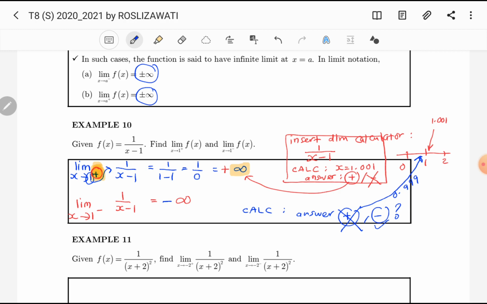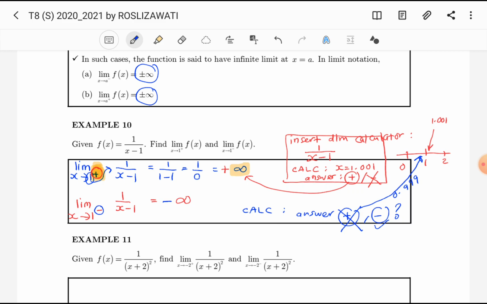Okay. But, jangan buat conclusion. Awak perasan tak? Sini negatif. Jawapan dia negatif. Kadang-kadang dia terbalik. Mungkin satu sebelah kiri akan ada soalan lain. Jawapan dia positif. So, jangan buat conclusion. Kalau satu negatif, jawapan dia negatif infinity. Kalau satu positif, jawapan dia positif infinity. No. Jangan. Ya? Tak semestinya.